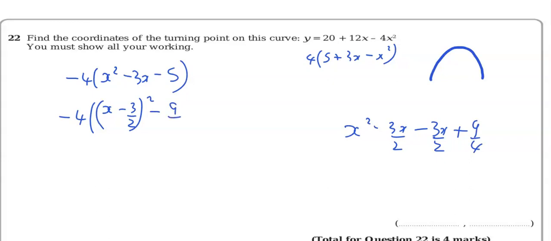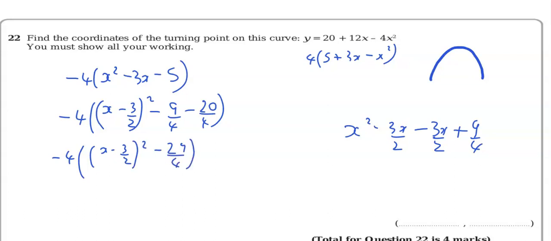So I take off 9/4 because I only want that bit there. And I have to take off 5 anyway, which is 20/4. So I have minus 4 lots of x minus 3 upon 2 squared minus 29 upon 4.